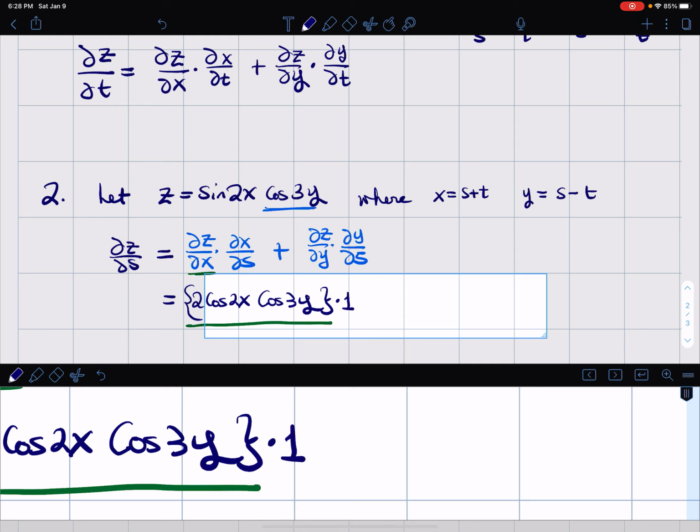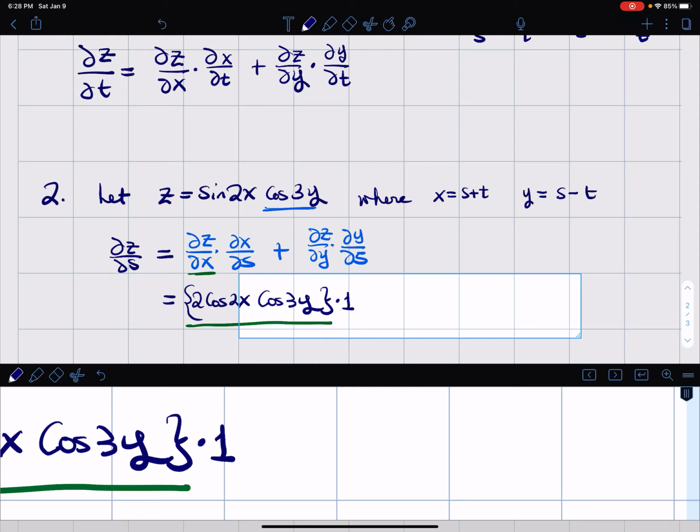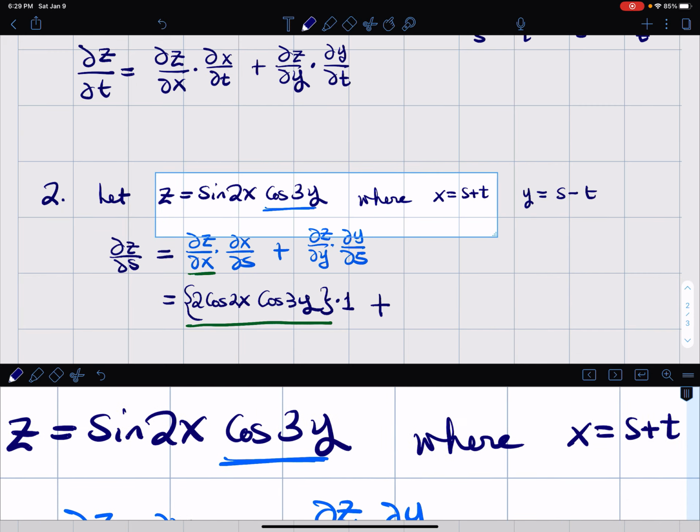Now, dz dy is the derivative of z with respect to y.